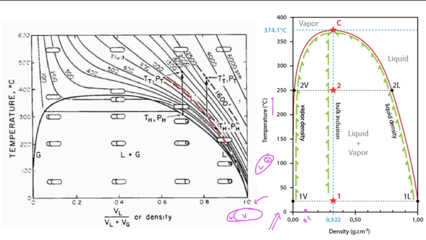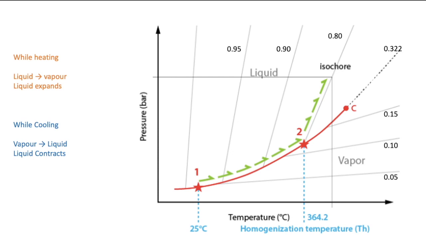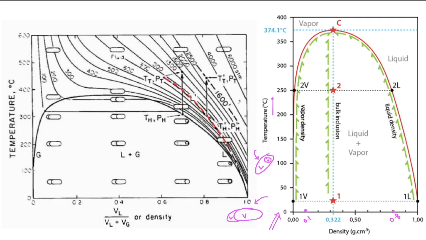And if it is a liquid rich fluid inclusion, then it will have a density somewhere around here, let's say 0.8. In the previous graph it will be this isochore 0.8, and here it will be this isochore 0.1.